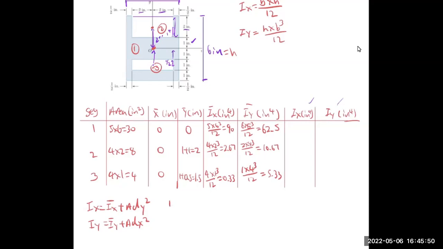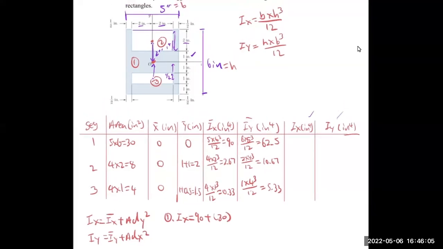For segment 1, Ix equals Ix bar, which is 90, plus area, which is 30, and then plus the dy and dx. Let me explain what dy and dx is. Dy and dx is different from x bar and y bar.